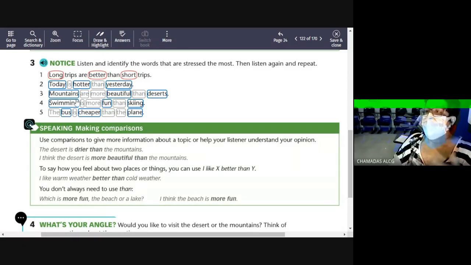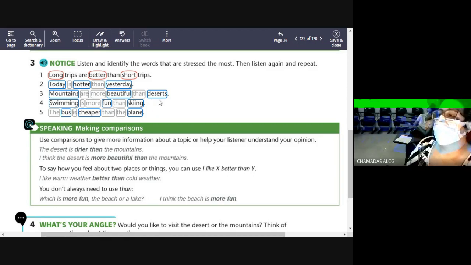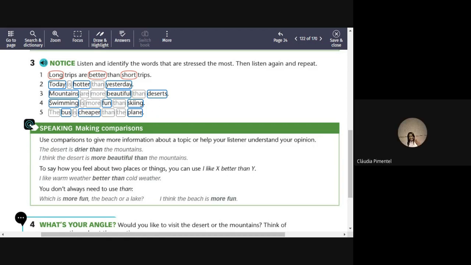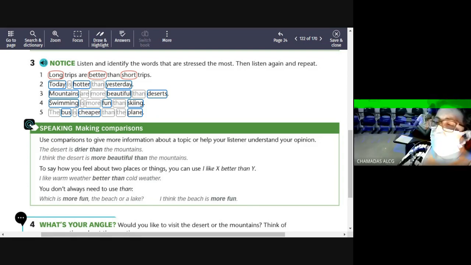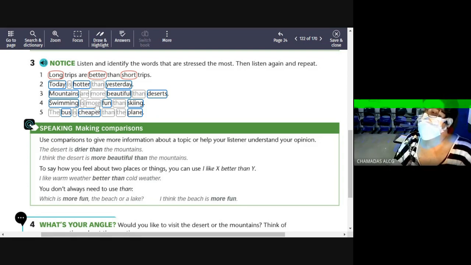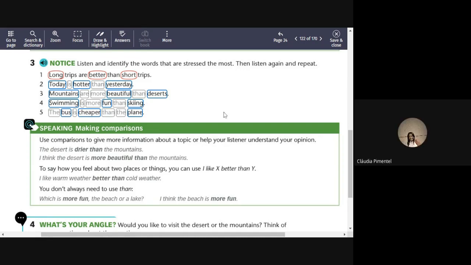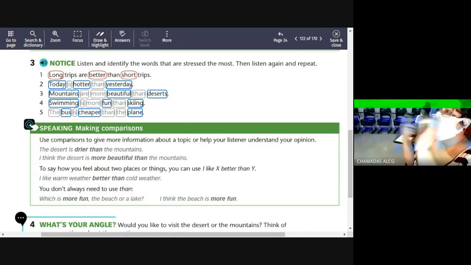Good. Mountains are more beautiful than deserts. Mountains are more beautiful than deserts. Good. Swimming is more fun than skiing. Okay, listen one more time.